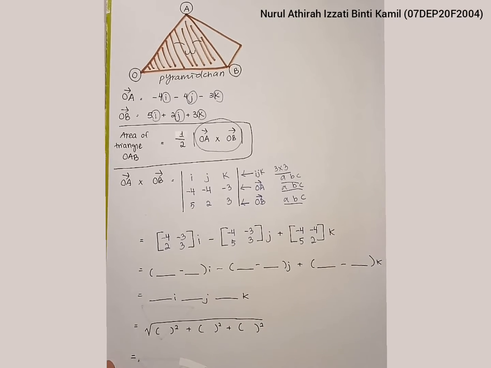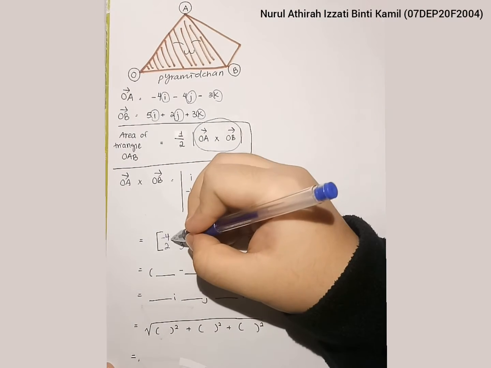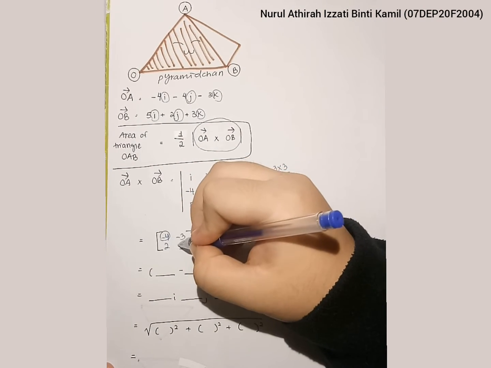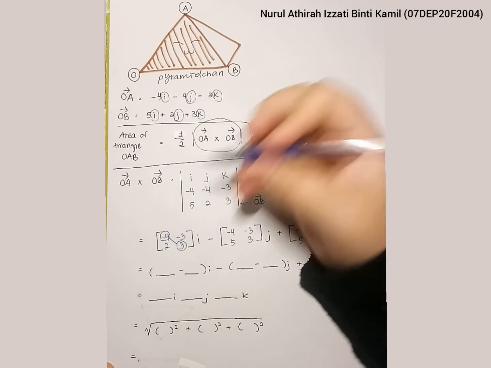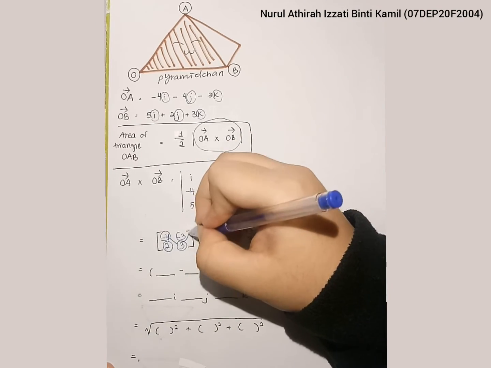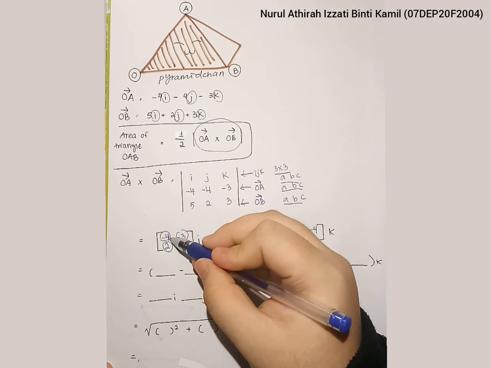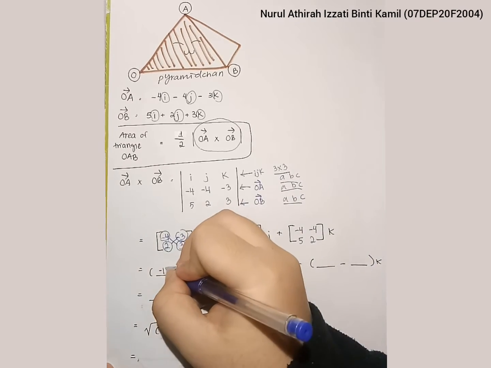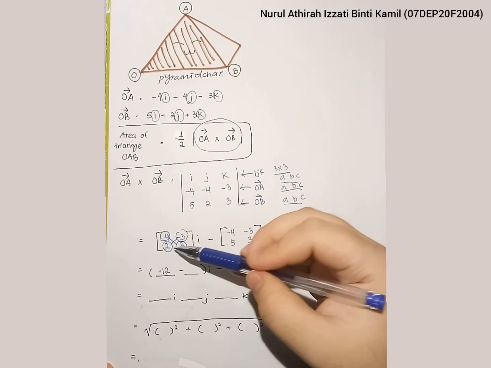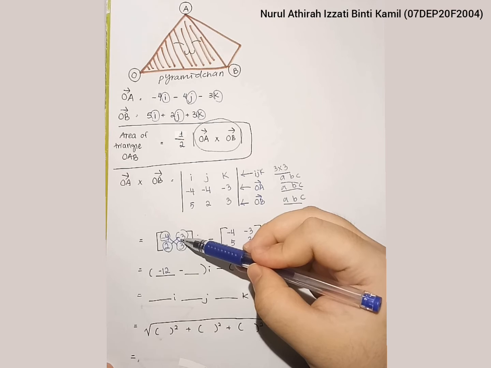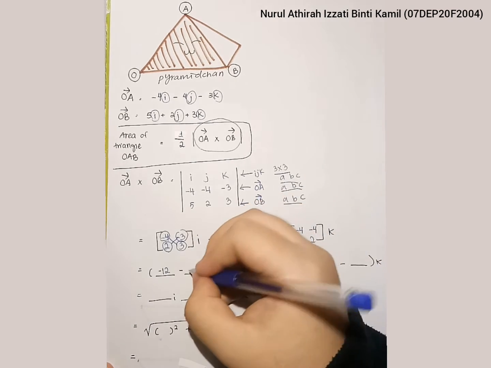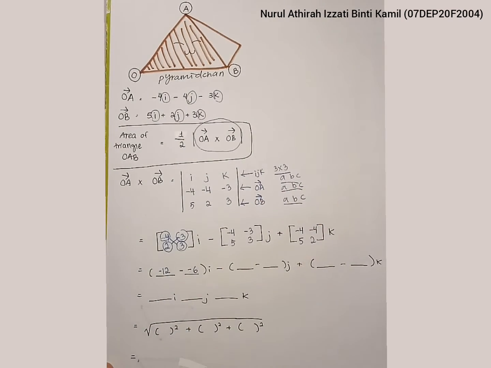After we complete that, we will multiply them crossly like this. This will multiply to this, and this will multiply to this. So solve it. -4 times 3, -12, minus 2 multiply with -3, -6. And do the same to the rest.